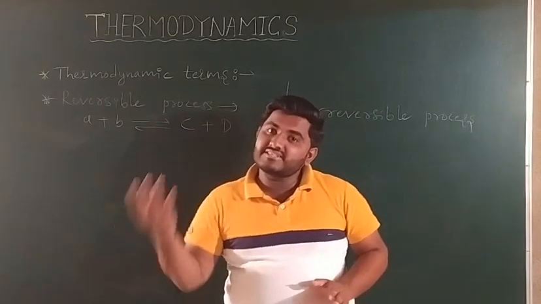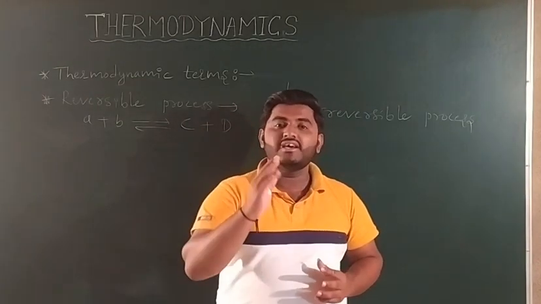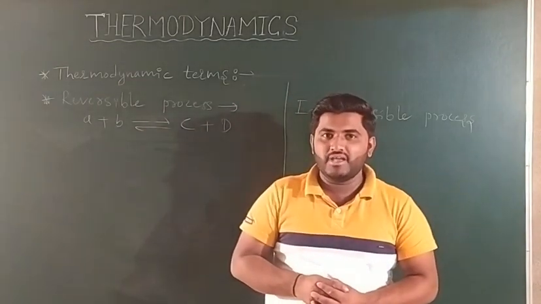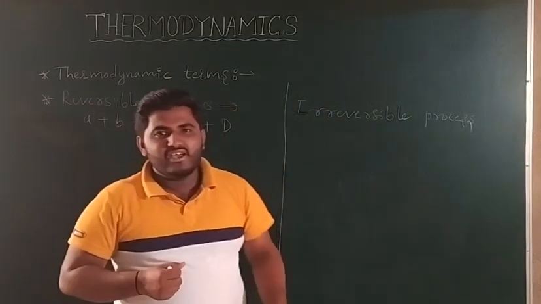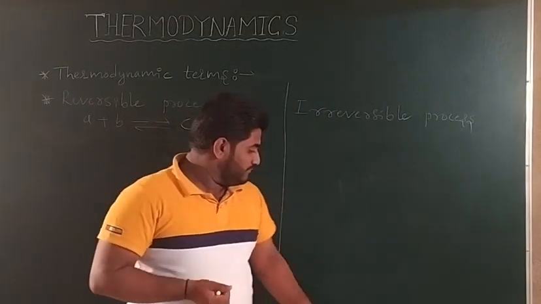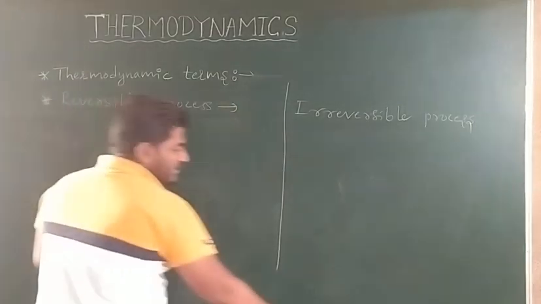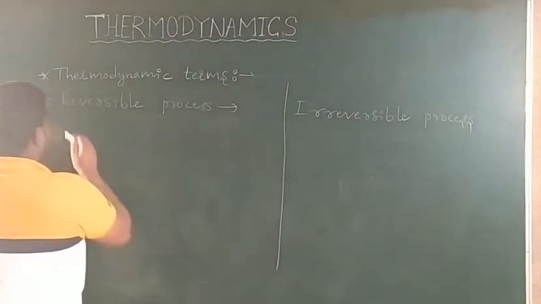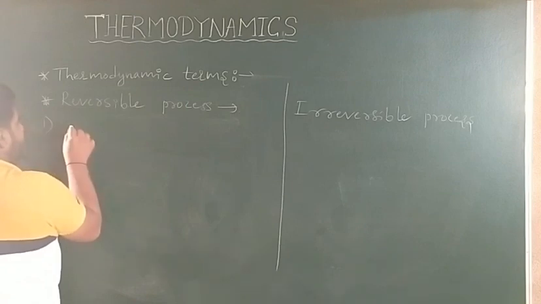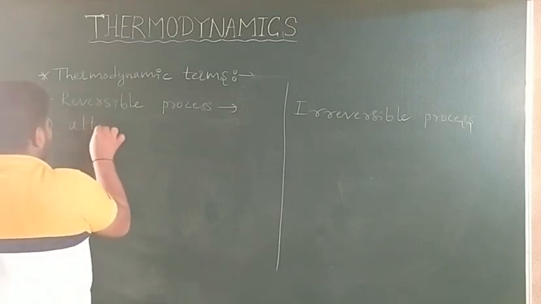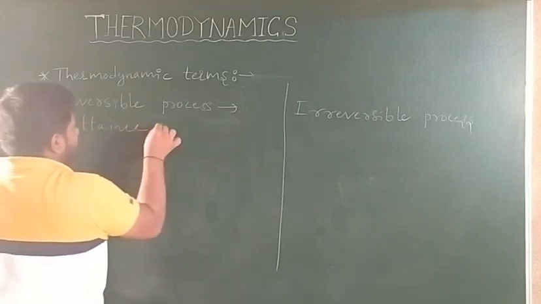They cannot be reversed back; the backward reaction is not possible in that case. Now let us discuss the differences between these two. First difference: a reversible process attains equilibrium.